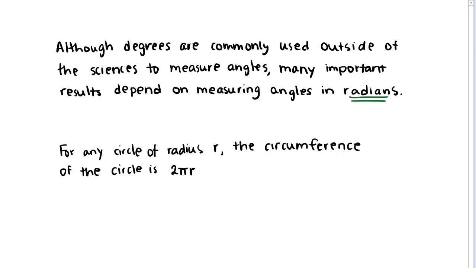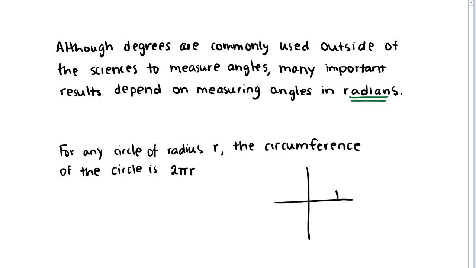It's built up on this idea that for any circle of, maybe we'll call it, radius r, how do we compute the circumference of that circle? Well, the circumference of any circle is 2 pi times the radius.